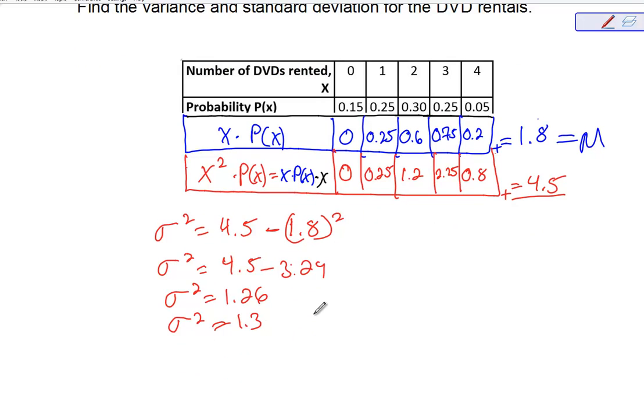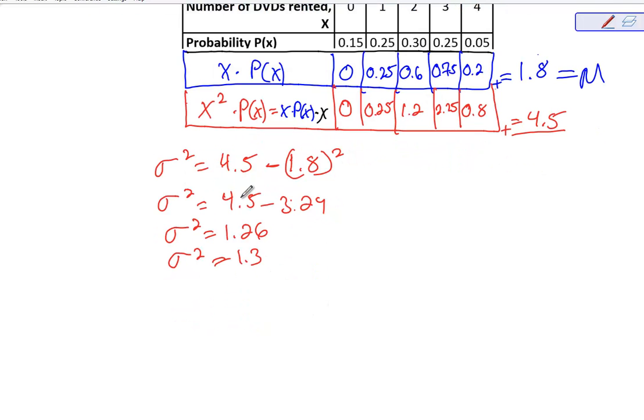This would give me the exact same thing if I were to write out the problem longhand. I would take 0 squared times its probability plus 1 squared times its probability plus 2 squared. Let me rewrite that because I accidentally erased all of it.